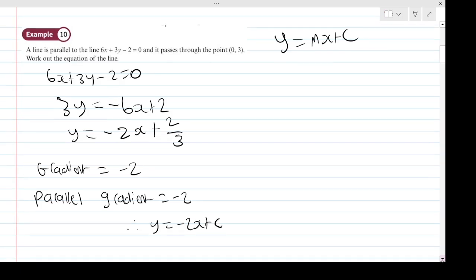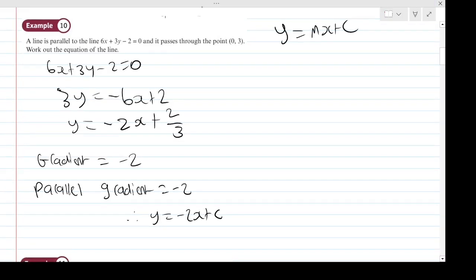To find c, I have this point here, 0, 3, that also lies on the line. I can substitute it into here to find the missing value c. So I'm going to sub the point 0, 3 into the equation.